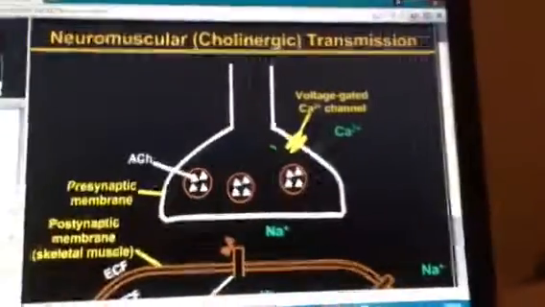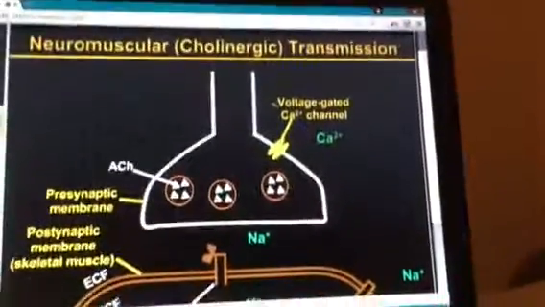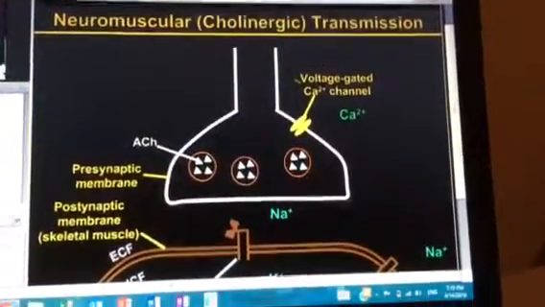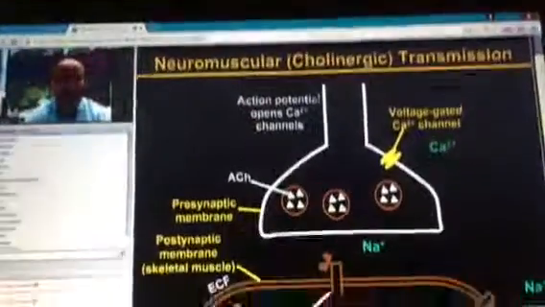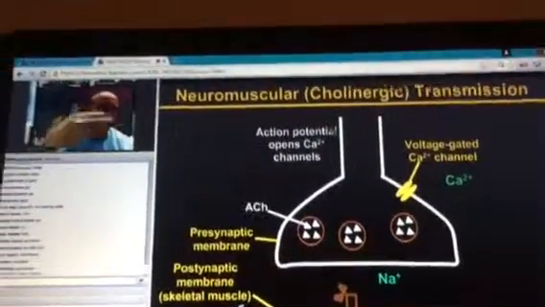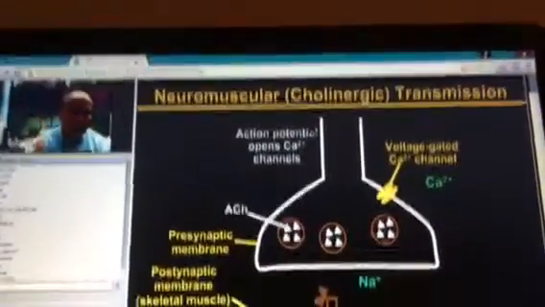Now, at the synapse, we have voltage-gated calcium channels. So we lose the fast sodium channels, but instead we have voltage-gated calcium channels. As we just described, we get an action potential, and it regenerates, propagates, and comes down the axon.